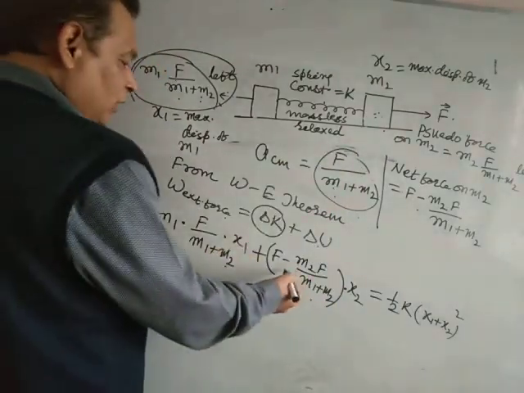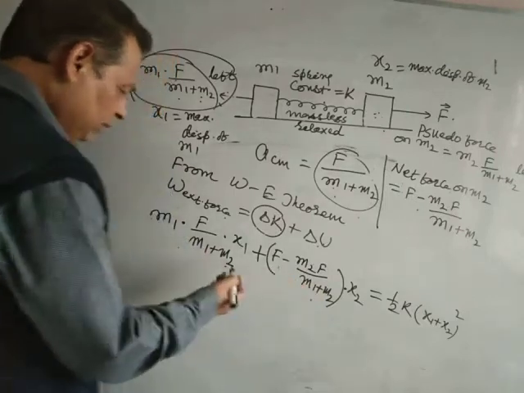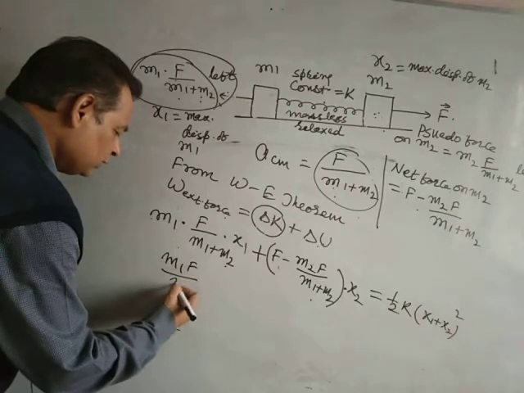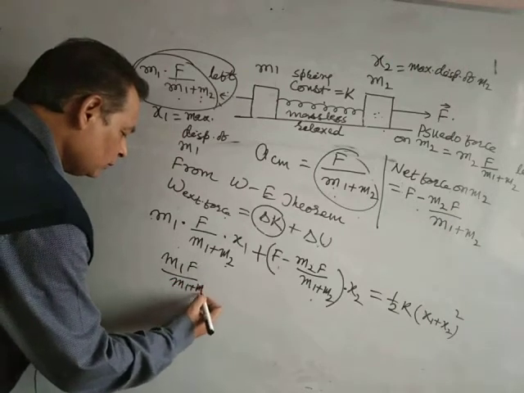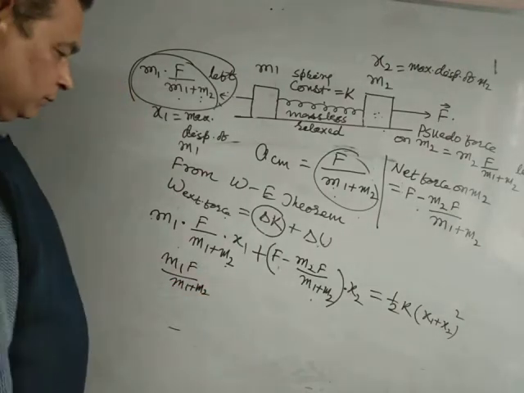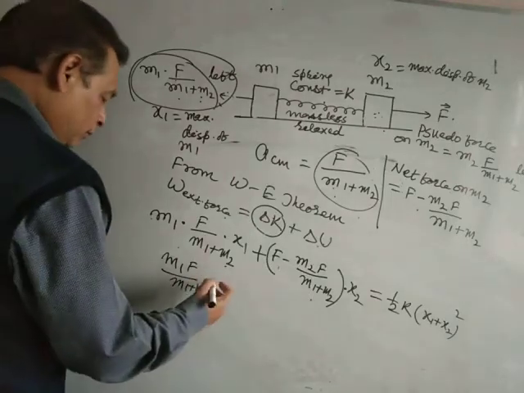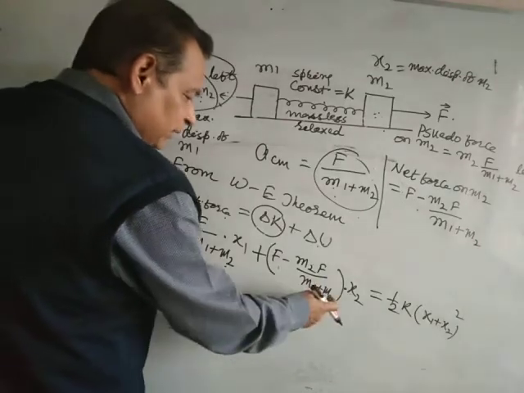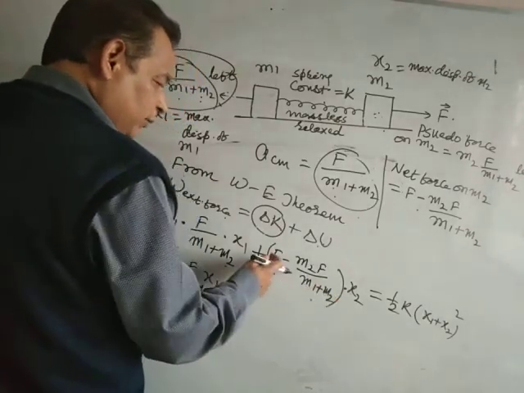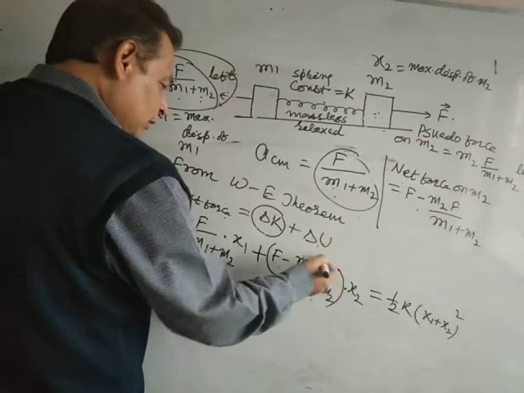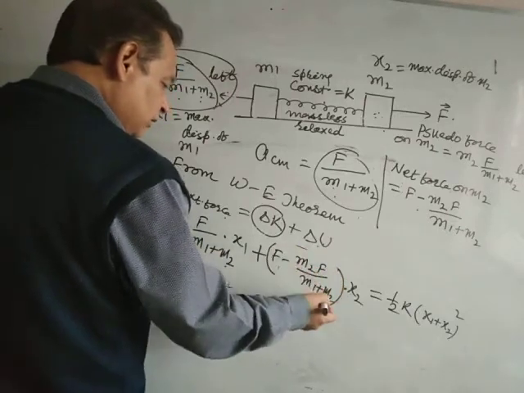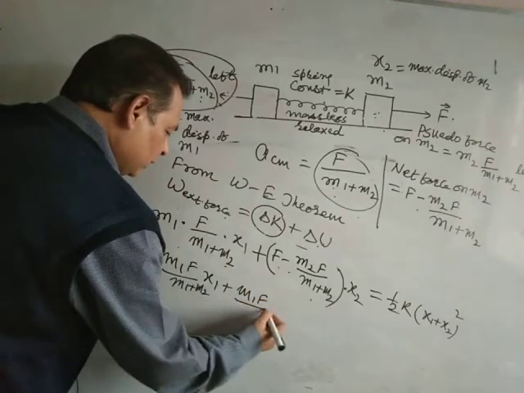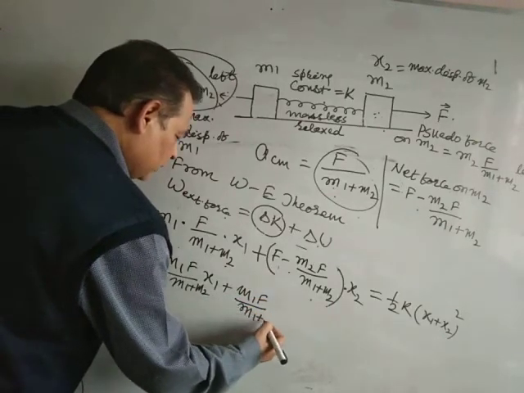No, one thing, if you solve this one, I am writing m1 F upon m1 plus m2 x1 plus, if you take the LCM of this one, m1 m2 F minus m2 F, what will be remaining? m2 F will be cancelled by m2 F, and this will also be m1 F by m1 plus m2.